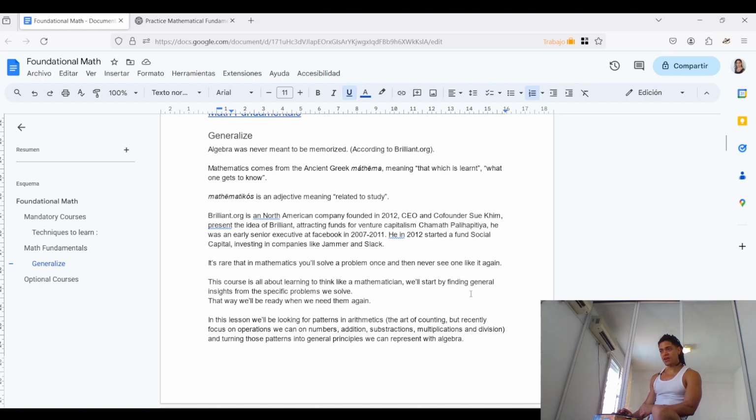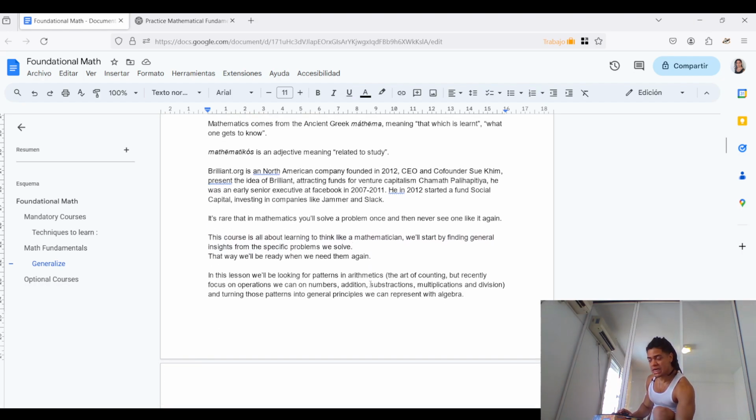So we'll start by finding general insights from the specific problems we solve, so that we'll be ready when we need them again. That's exactly what we're doing here: looking at how we can think like a mathematician, someone that from a specific problem can make generalizations.